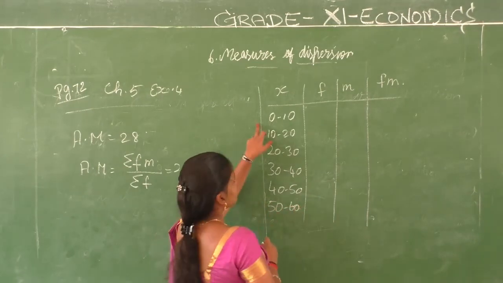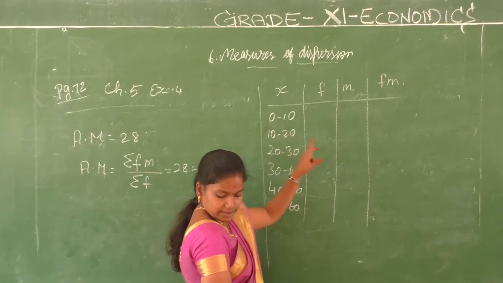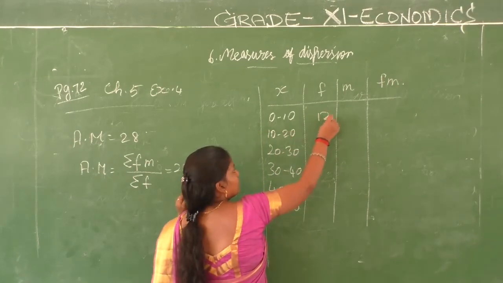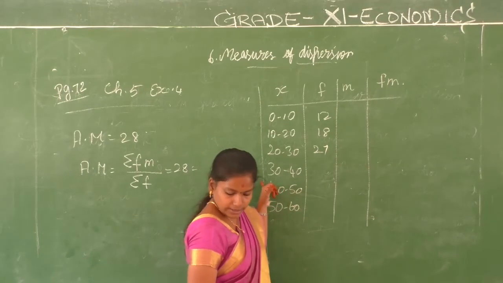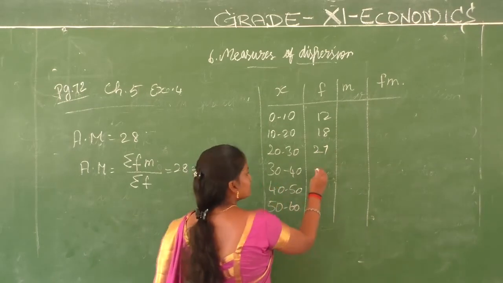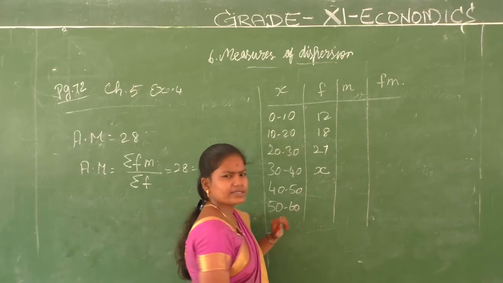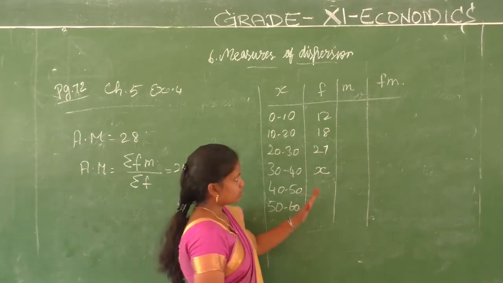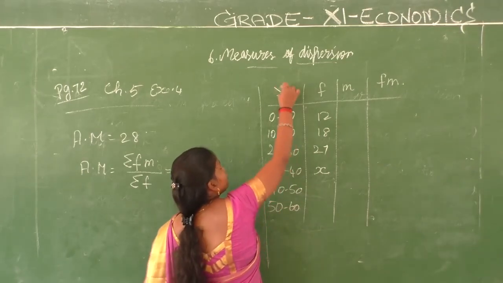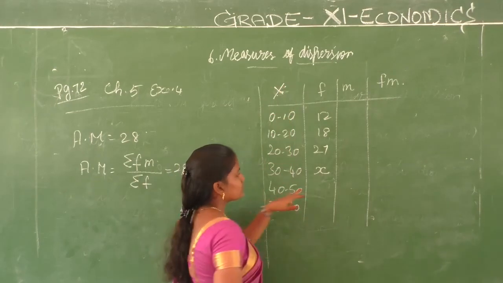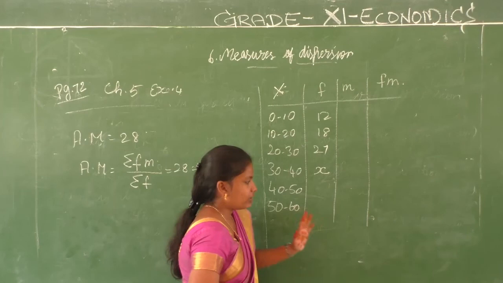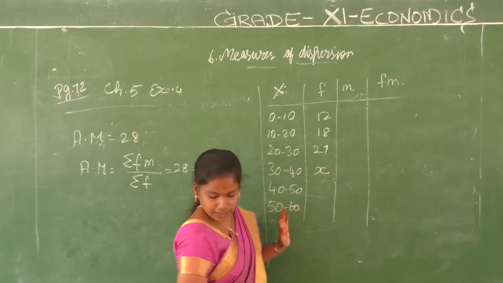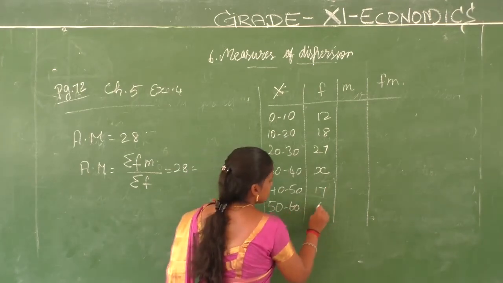For 0 to 10, what is the value? 12, 18, 27. For 30 to 40 what have they given? They have not given. So usually they'll have it as x. Okay? Don't get confused. This is capital X, this is small x. Or if you want to keep it as a, fine, no issues. 40 to 50 we'll have 76.